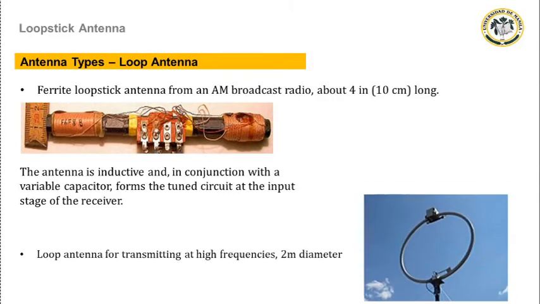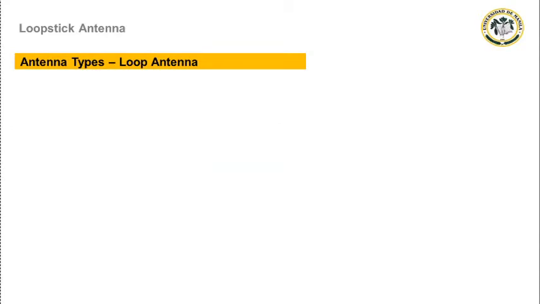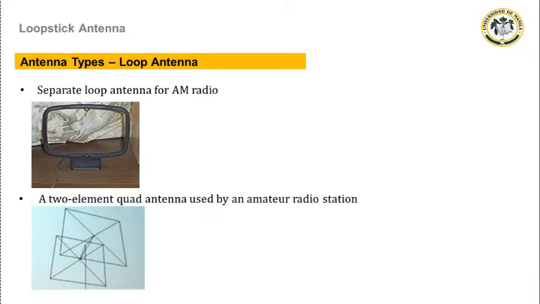Next is a loop antenna for transmitting at high frequencies, about 2 meters in diameter. This is a separate loop antenna for AM radio. A 2-element quad antenna used by an amateur radio station.